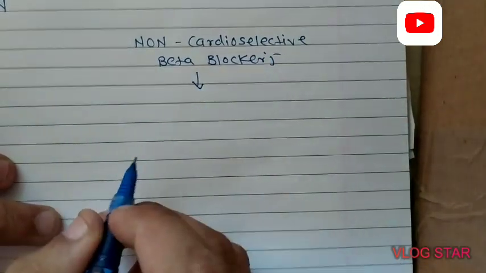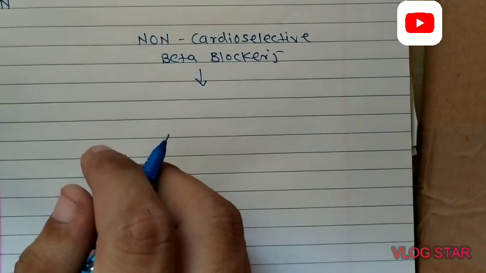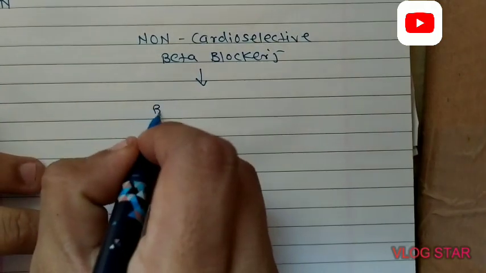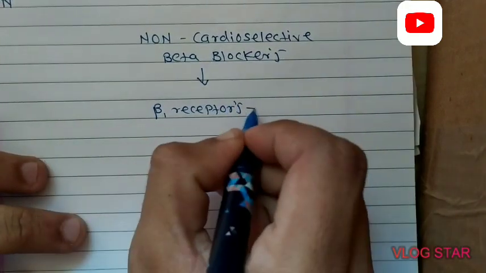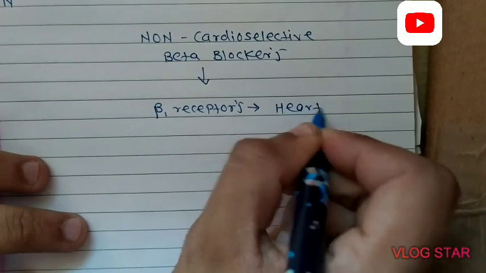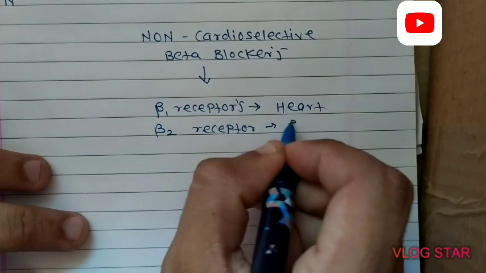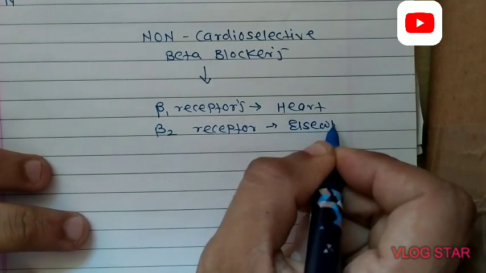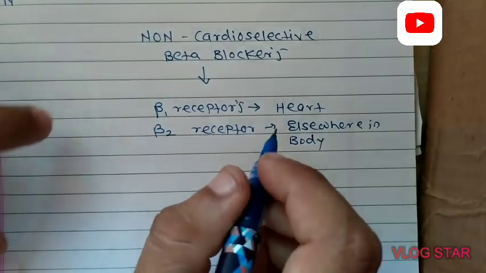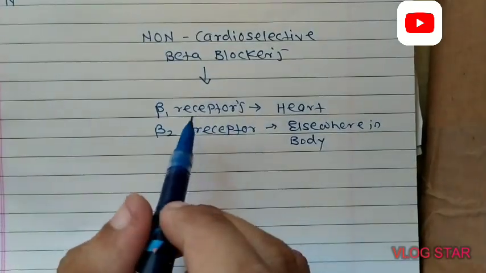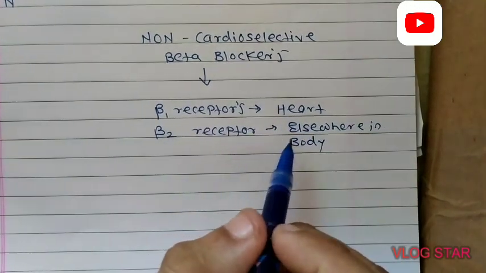These non-cardioselective beta blockers act on beta 1 receptors which are present inside the heart, and also on beta 2 receptors which are present elsewhere in the body. So this non-cardioselective beta blocker further acts on beta 1 receptors inside the heart, and beta 2 receptors elsewhere in the body.